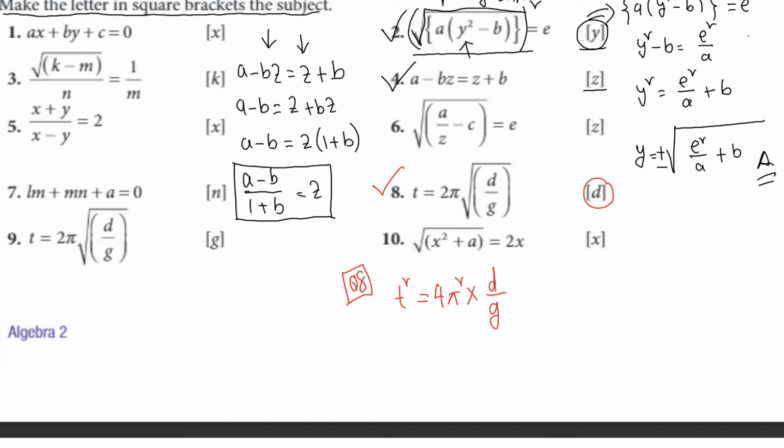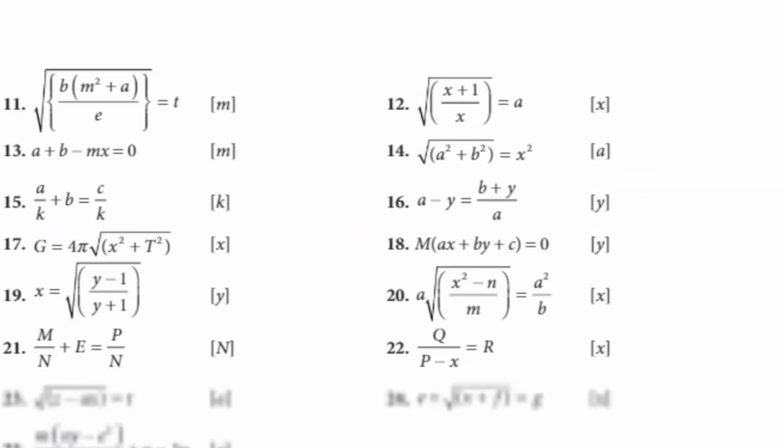But we have to make d the subject. Now cross multiplication gives us t square z equals 4 pi square d. Now we can make d the subject easily. From there you can write d equals t square z divided by 4 pi square. So this is our expression and answer of that part. Hope you understood the question we are doing.